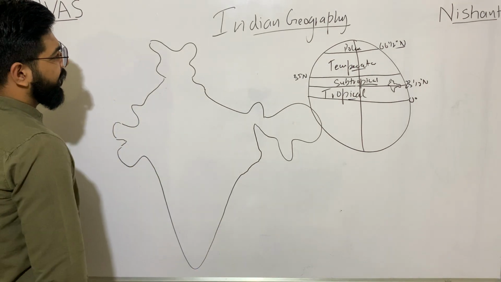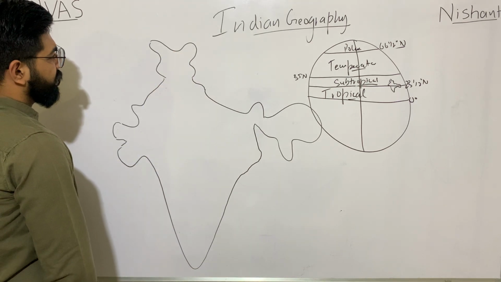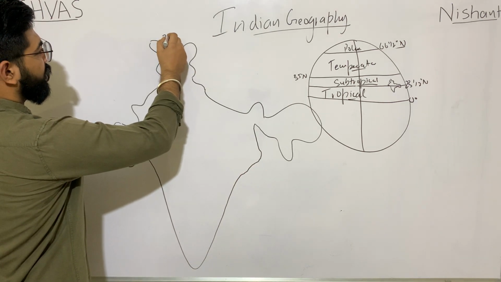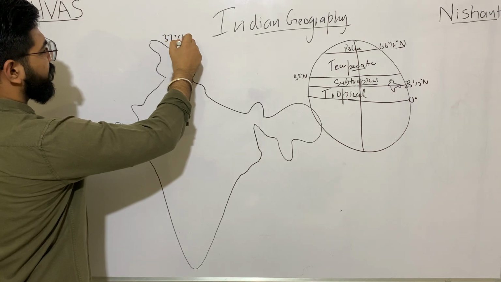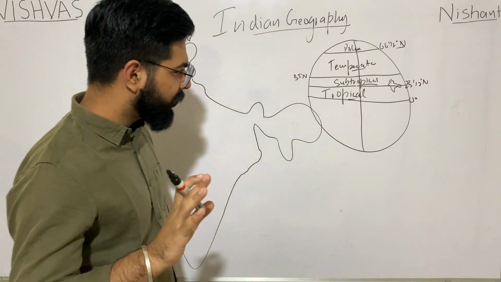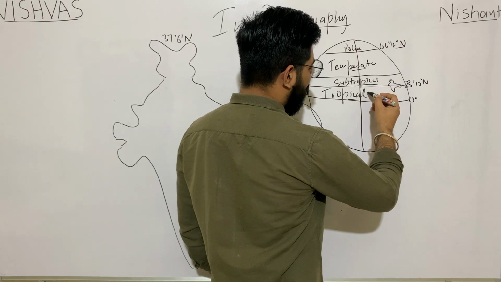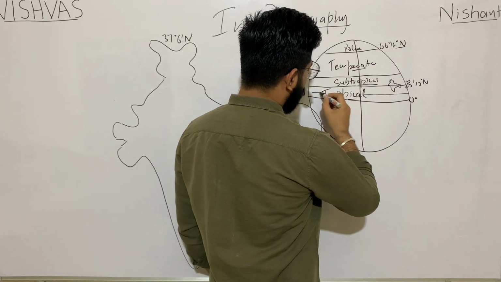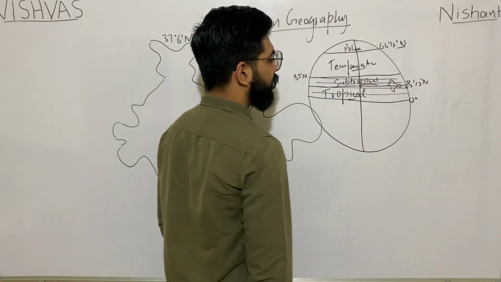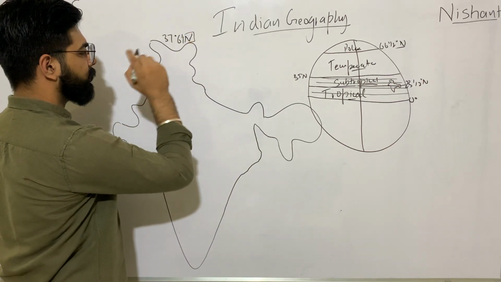If I talk about latitudinal extent, in the north we have the latitude 37 degree 6 minutes north. See, no need to cram it. Just look over here. Picturize. All the latitudes in the north of the equator will have north at the last.